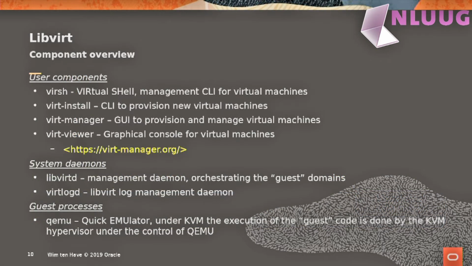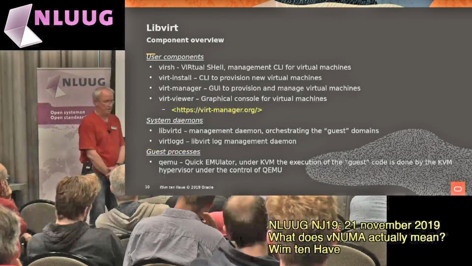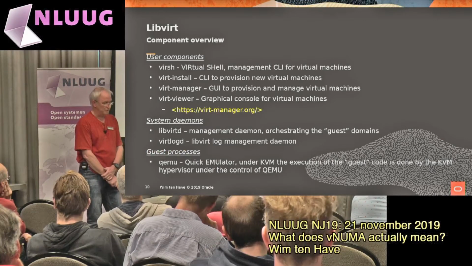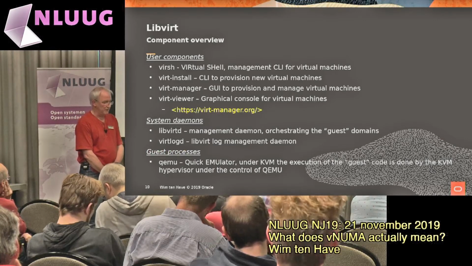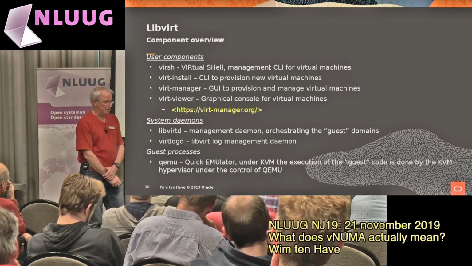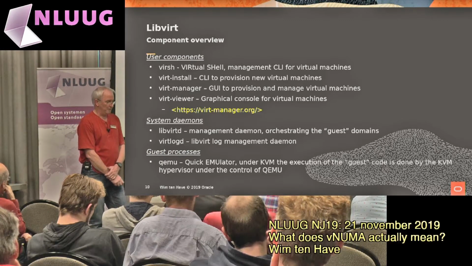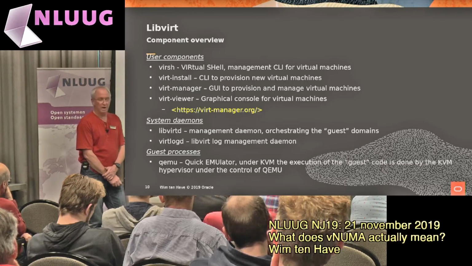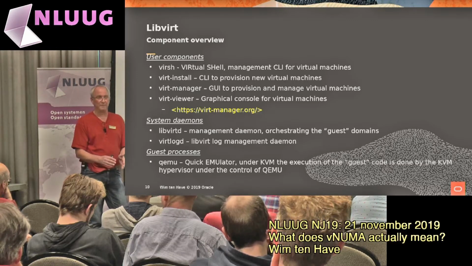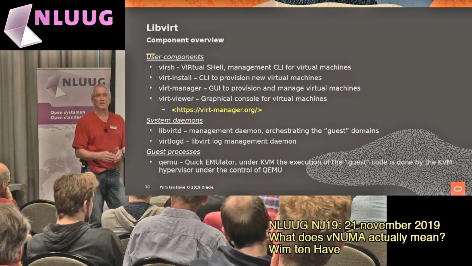There are other utilities, like Virsh is an absolute shell environment, but there's also virt-install, which allows you to quickly provision a new guest machine. So you can, with virt-install, give a command line to create a guest domain with a name, and you can ask it to give the guest domain 8 GB of memory and 16 CPUs.